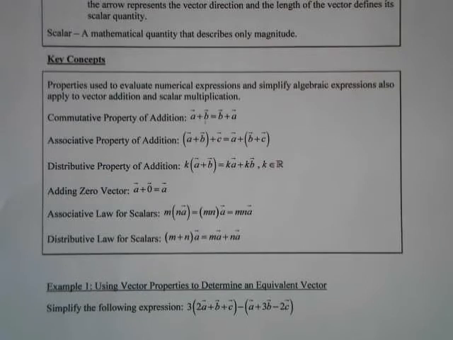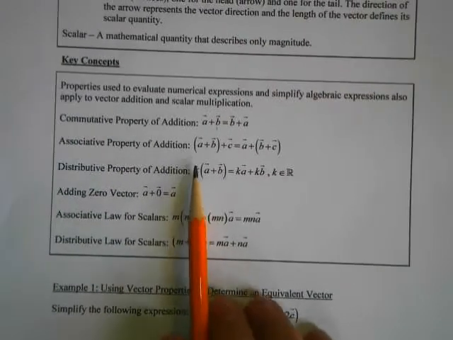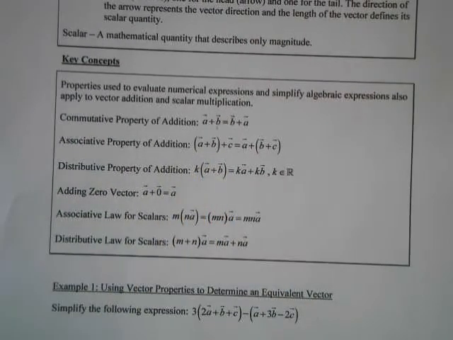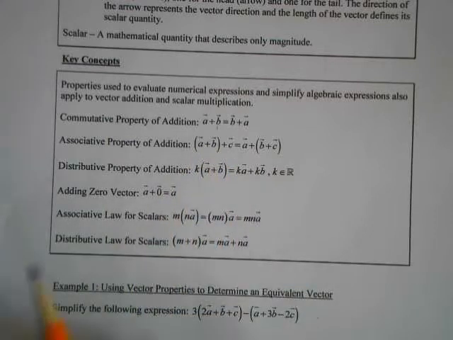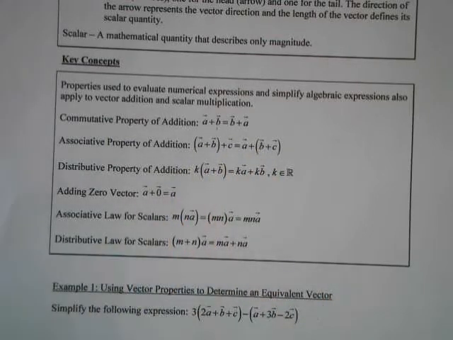We could go in either direction and we get to the same resultant. We also have associative property. If we're adding three vectors together, again, it doesn't matter which you add together first before you add the third one, it's all the same result.